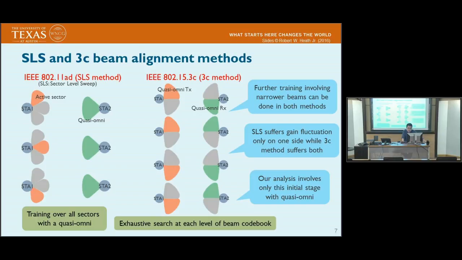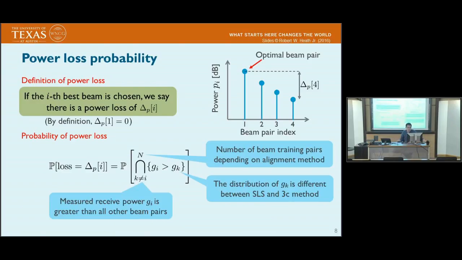For our analysis, we consider only the part that involves the quasi-omni pattern, because when we use a narrow beam at the sector level, usually the gain fluctuation is not a big deal. To introduce the severity of beam misalignment, we introduce this channel model for the different receive powers when different beam pairs are used.